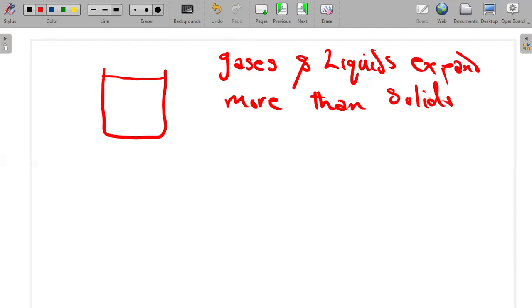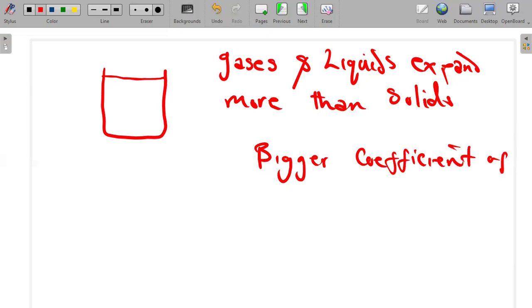So the thing that causes gases and liquids to expand more than solids is that these usually have a bigger coefficient of expansion.